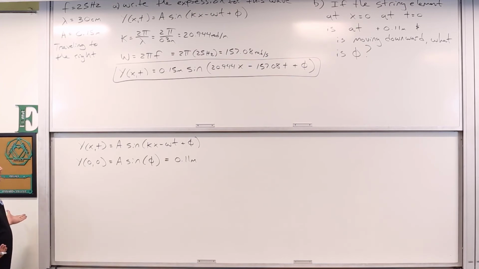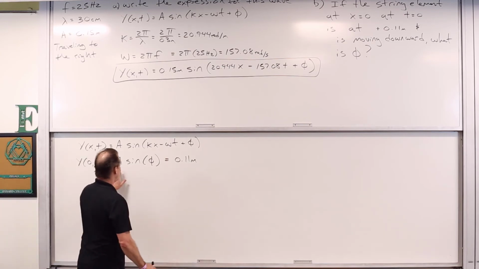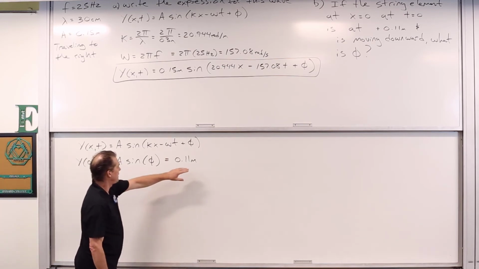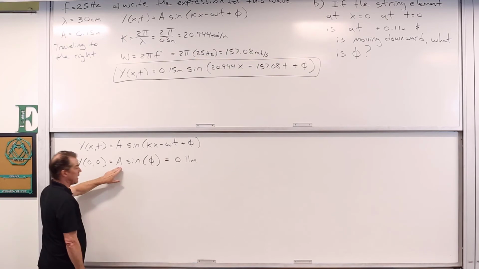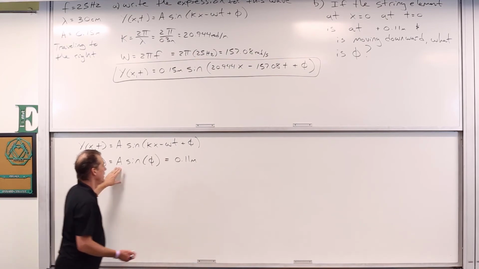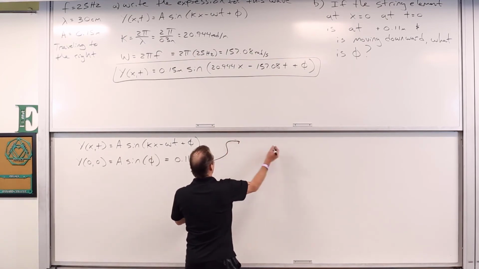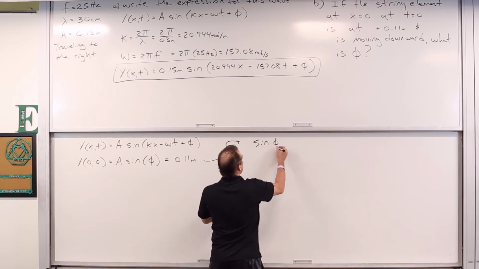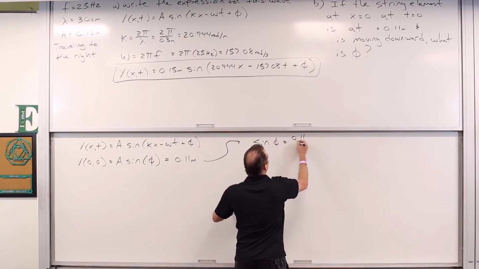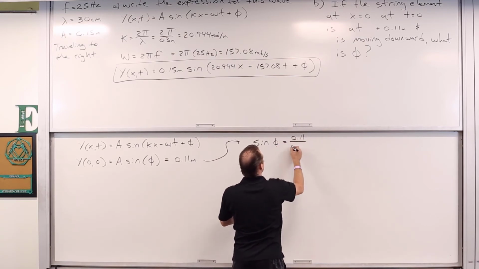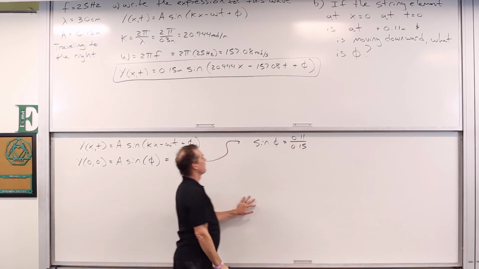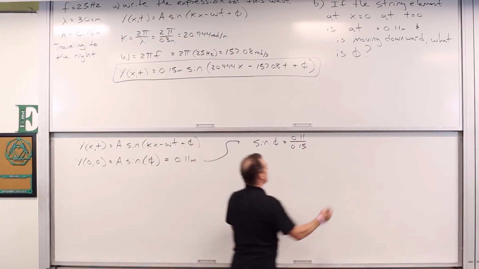So we just go ahead and figure this out, right? We'll solve this out for phi. The sine of phi is going to be equal to 0.11 divided by A, which is 0.15. We solve this out for phi.